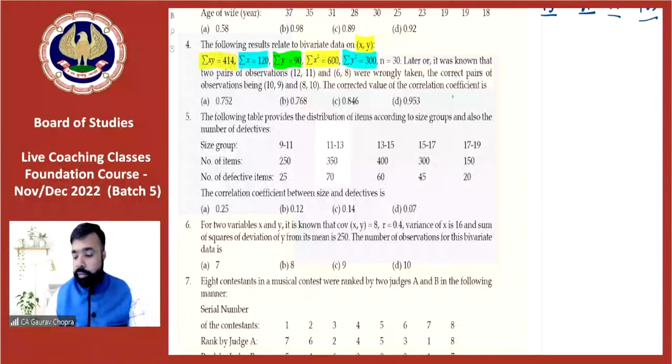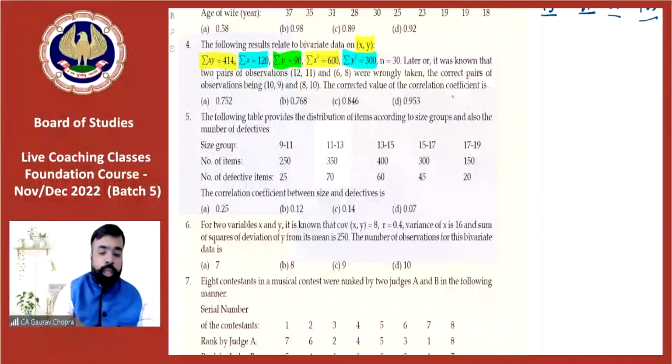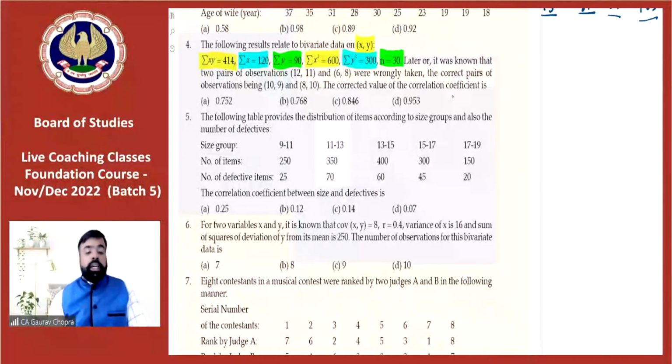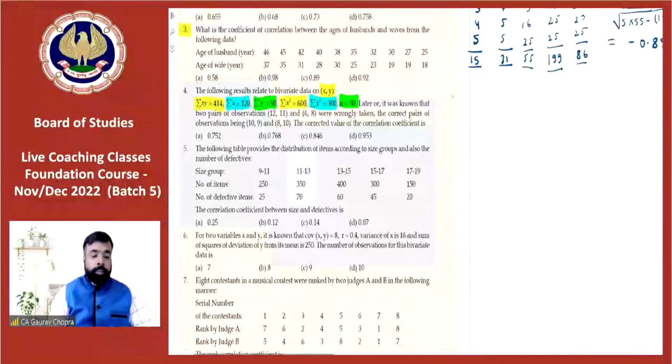All these are given, and also n is given. So these are the 6 figures which are given to us. Later on, it was known that the 2 pair of observation were wrongly taken, and the correct pairs are these. And now we have to correctly find the value of correlation coefficient.